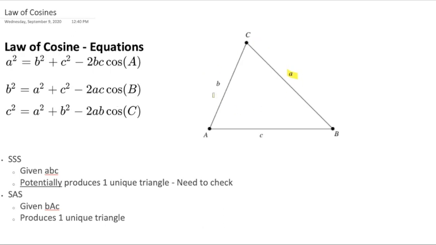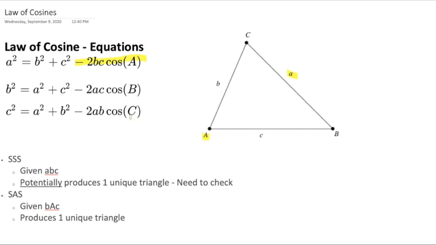But here we don't have a right triangle, so there is no hypotenuse. Except we have this subtraction of 2 times both of those sides times the cosine of the angle you're solving for.